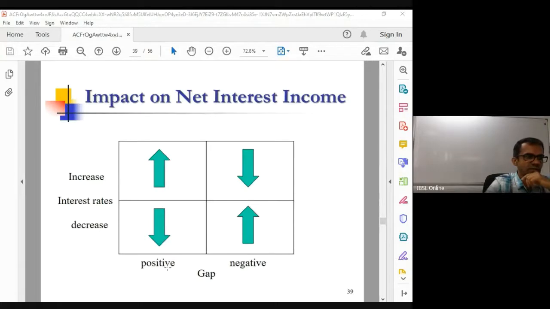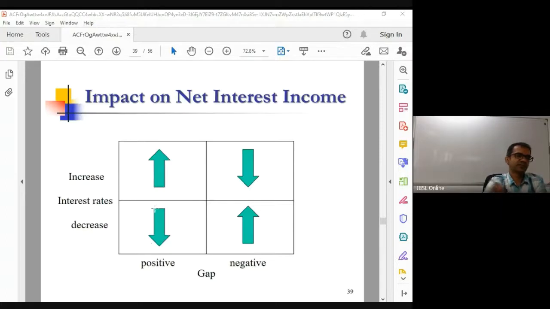Why? Positive gap means we have more assets than the liabilities maturing in that time frame. So assets will be repriced more frequently. When assets are repriced more frequently, while interest rates increase, new assets will generate higher interest income. Therefore, interest income increases.